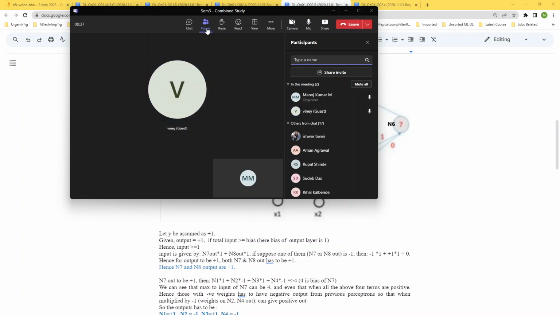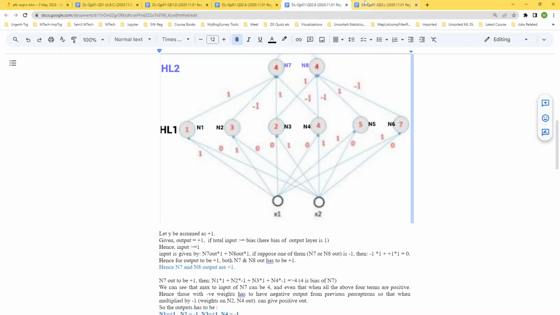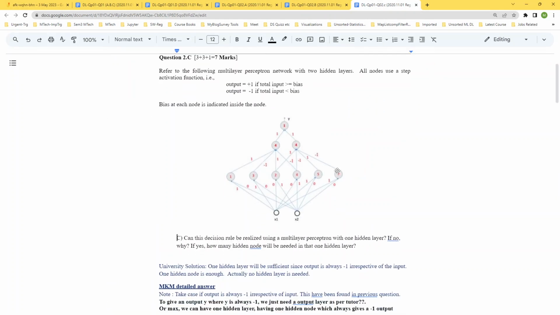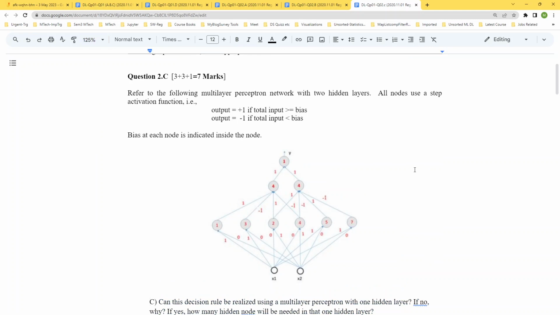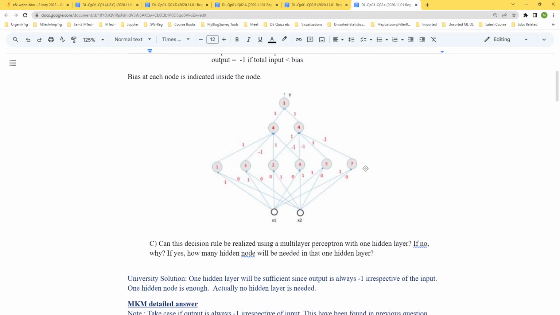The C part is just saying that actually the question is... shall we talk about that? If they are joining, then we can talk here. Do you want to talk about what is your understanding? I already told you that y is equal to -1. Then we can realize it, but just one layer. No need of extensive.